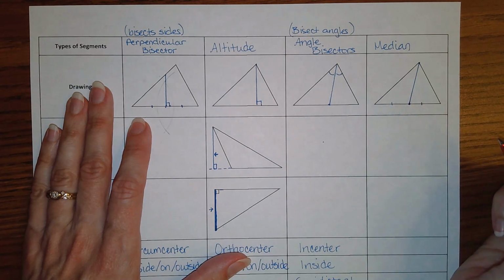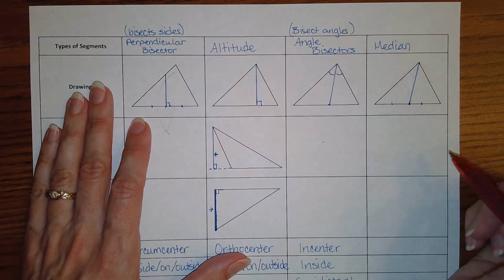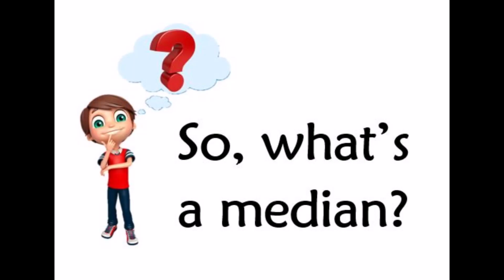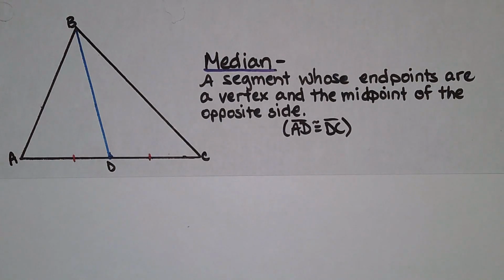So it will be bisected. We are going to have two congruent parts down here, and it goes up to the vertex. Okay. The median, again, is a segment whose endpoints are the vertex and the midpoint of the opposite side.